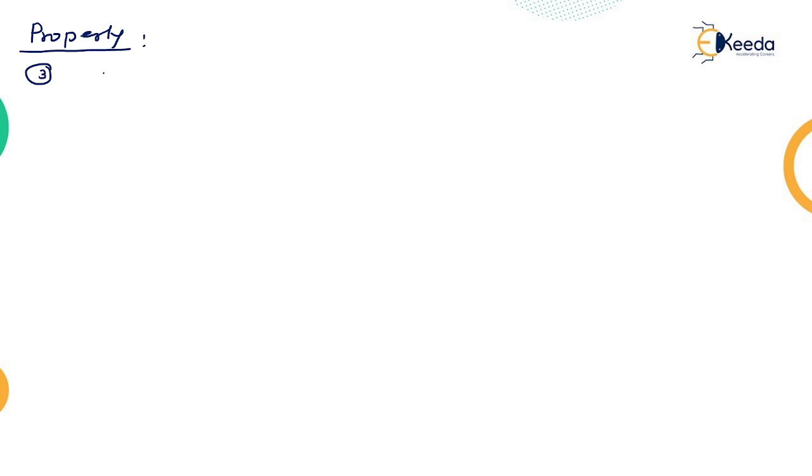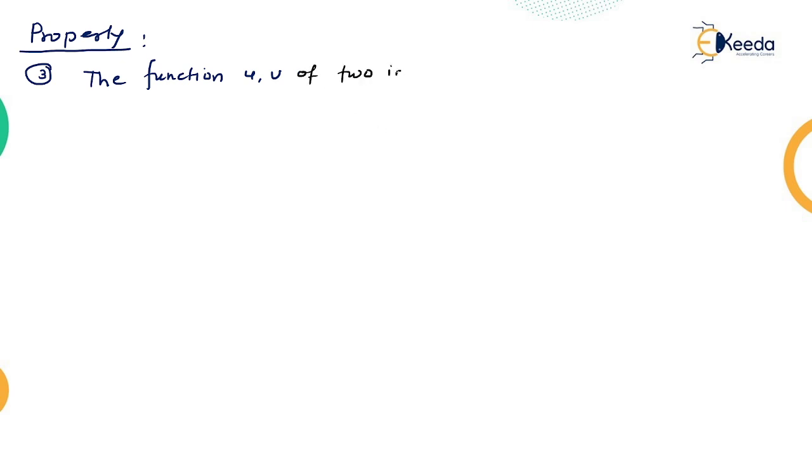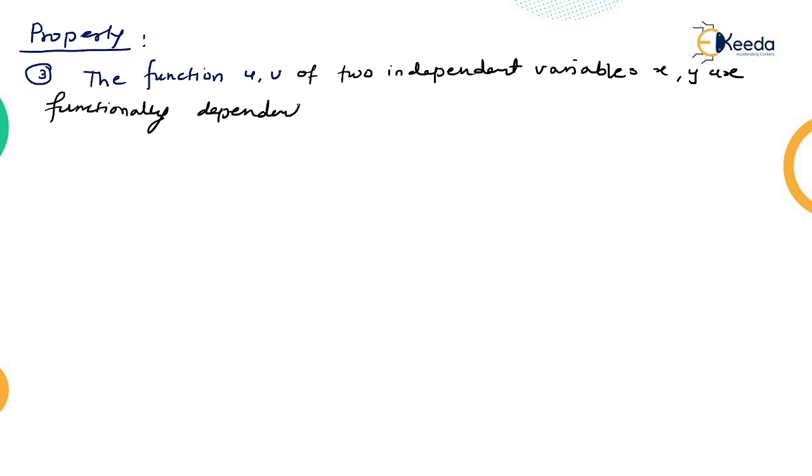So property number third is: the functions u comma v of two independent variables x comma y are functionally dependent if ∂(u,v)/∂(x,y) is equal to 0.